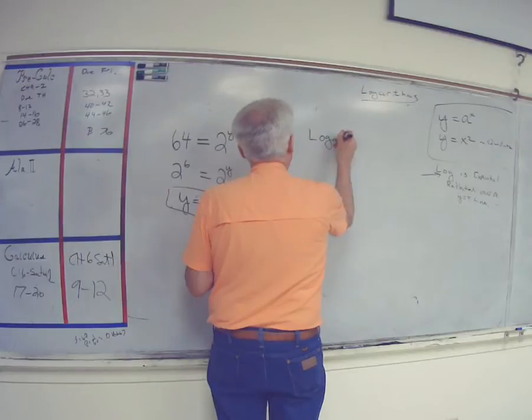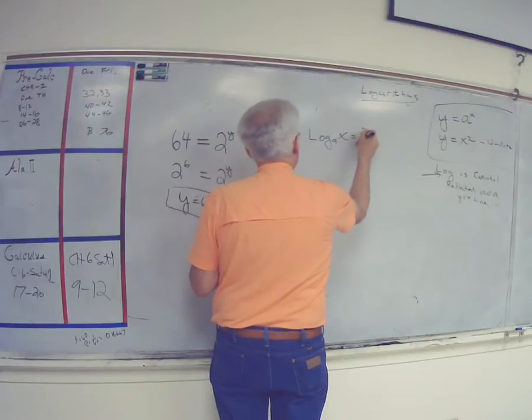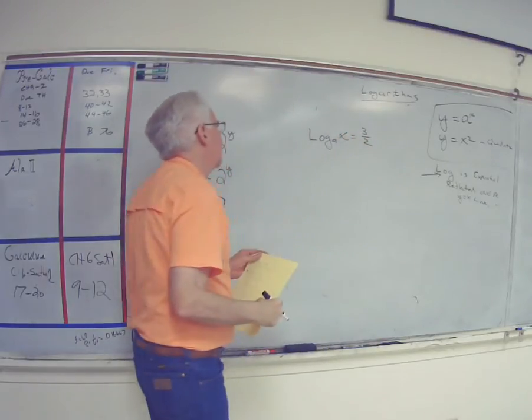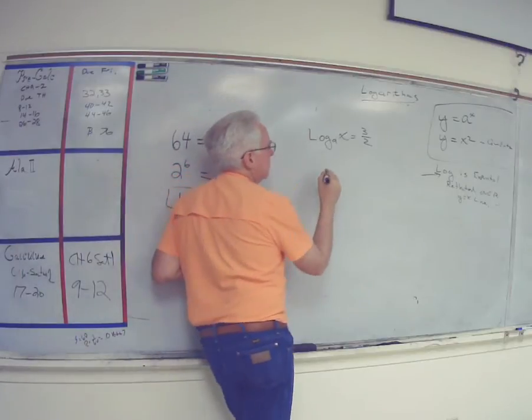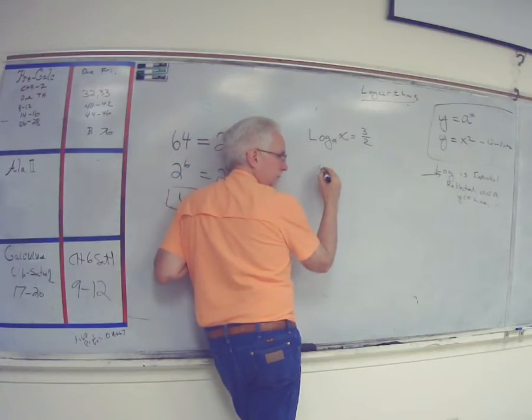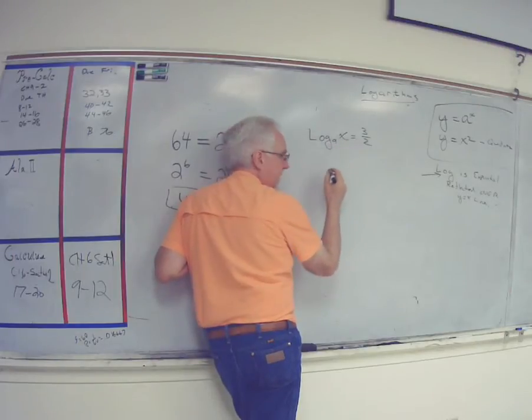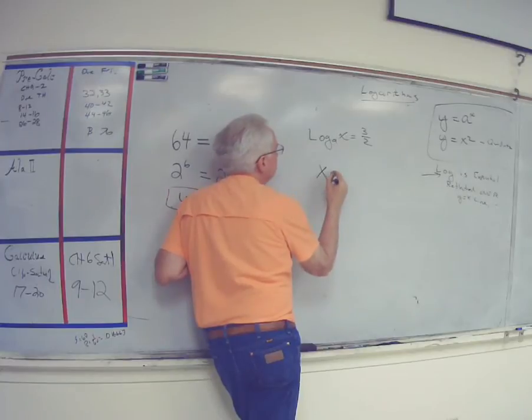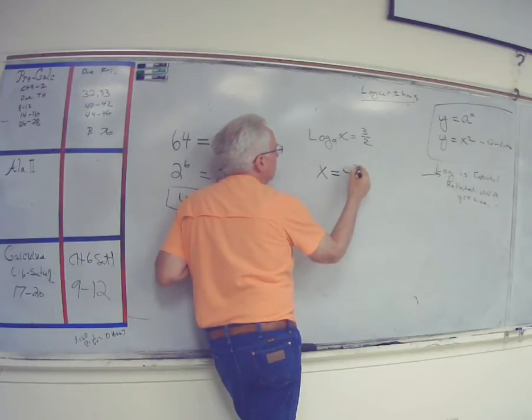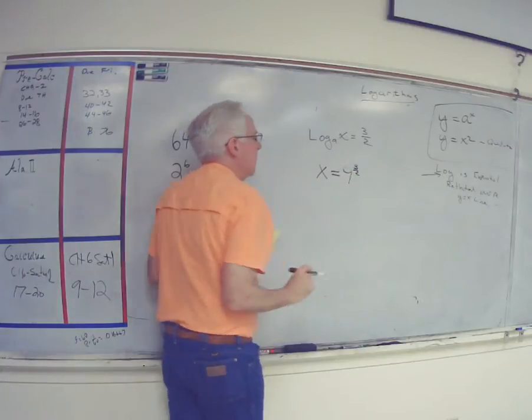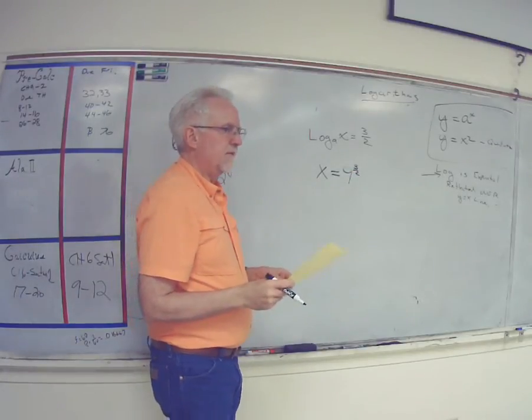Log base 9 of x is equal to 3 halves. Levi, I need to know what x is. What is the equation? Log base 9 of x equals 3 halves. X equals 9 raised to 3. Okay, and how do I deal with the 3 halves, Levi?